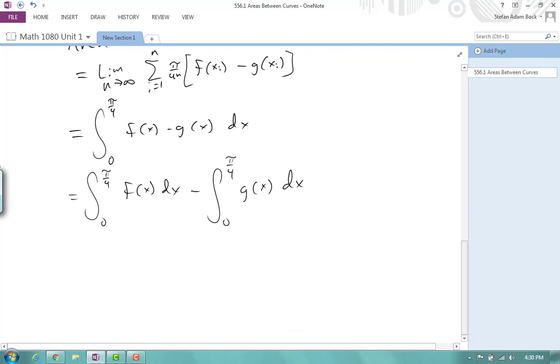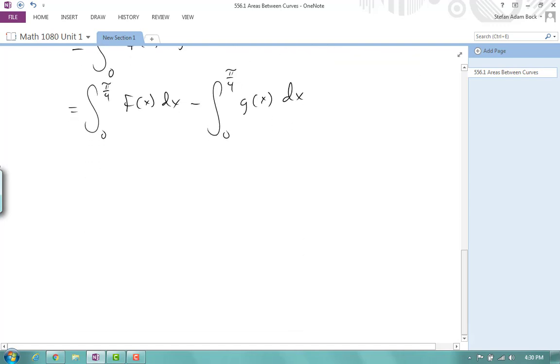So to answer this original question, what's the area between sine and cosine from 0 to pi over 4? Well, f of x was cosine. I'll keep it this way.